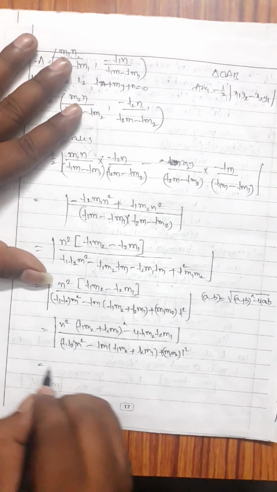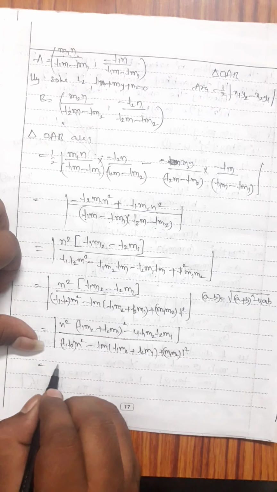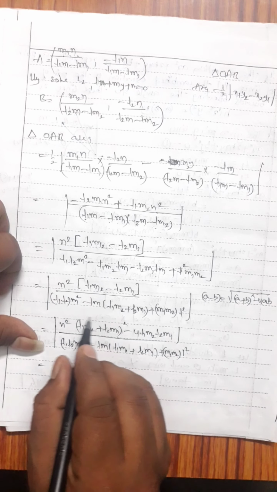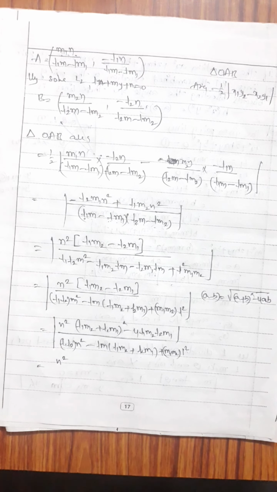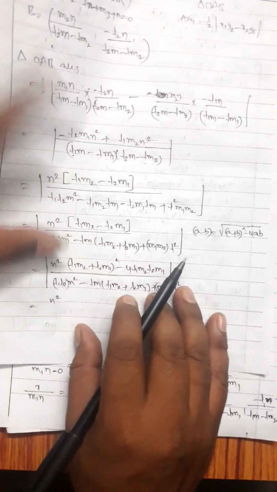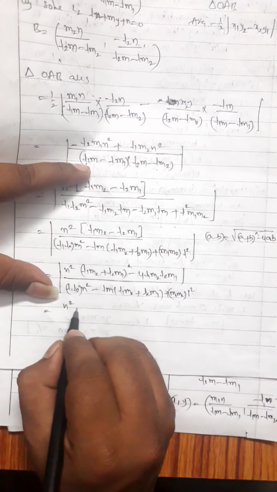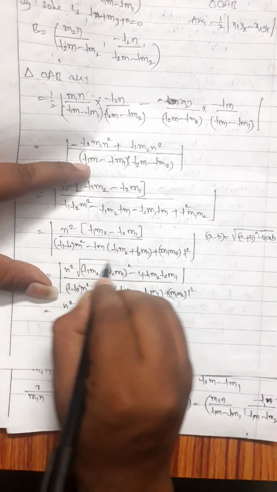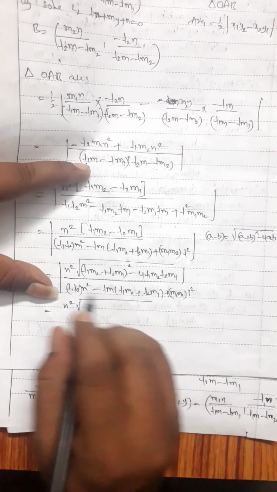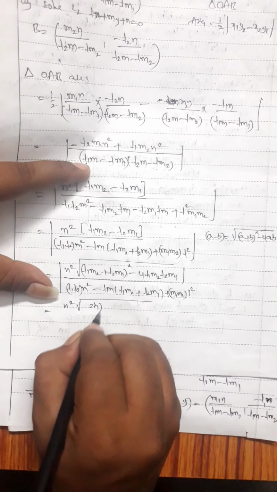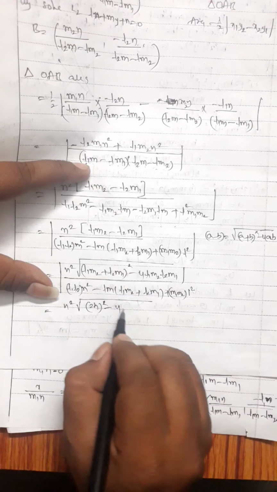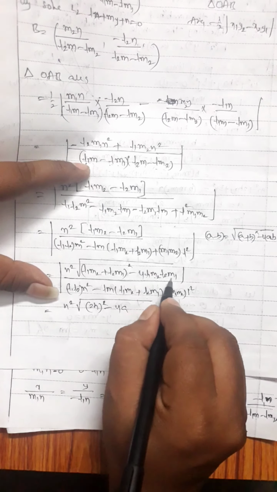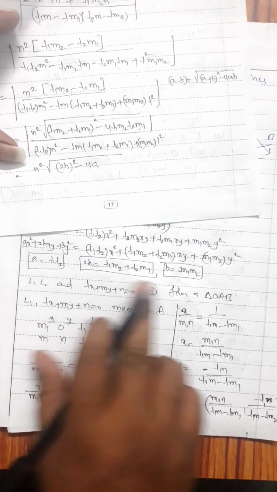Then we take the n square outside, and this is L1 M2 plus L2 M1. We got that this value is 2h, therefore we get under the root 2h whole square minus 4 into L1 L2, which is small a, and M1 M2 is small b.